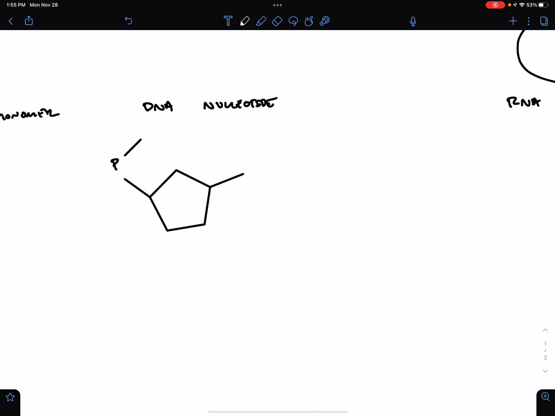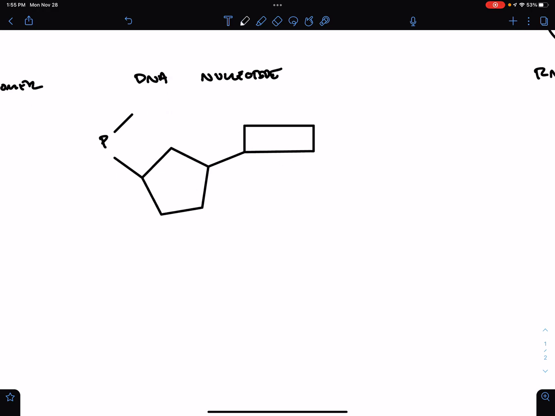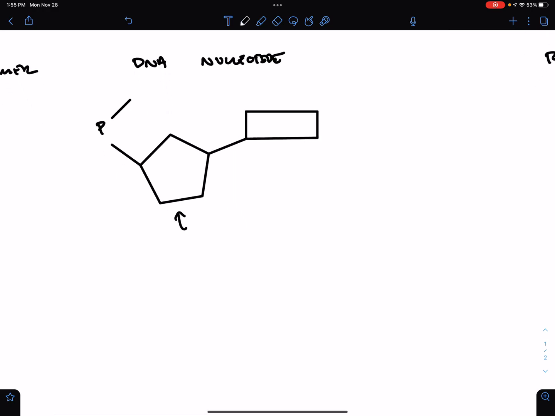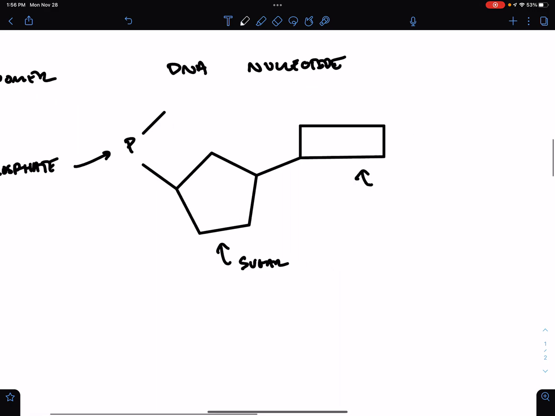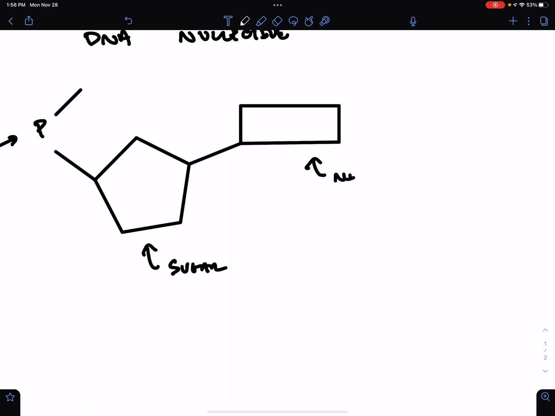And then over here, it has a side that is composed of a nitrogen base. So this is a sugar group. Here's a phosphate group. And this is a nitrogen base.